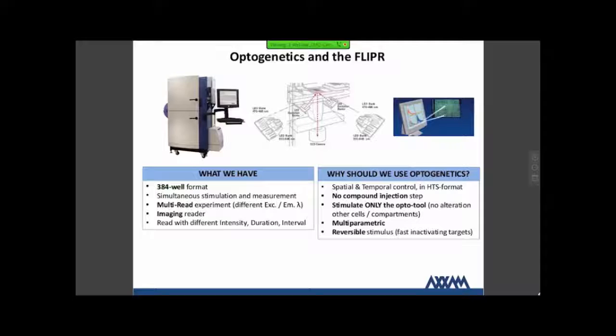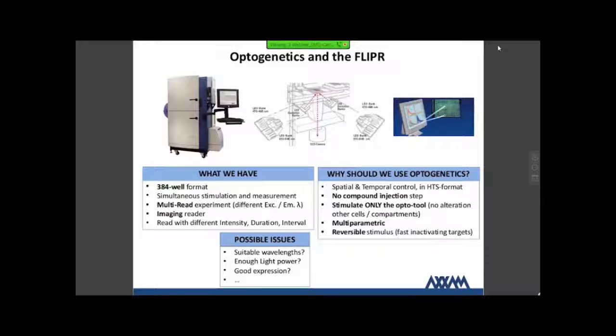So it would be useful to apply the advantages of optogenetic technology because you could achieve, for example, the stimulation only of your optical tool without altering other cells or compartments. With the FLIPR, you have the possibility to run multiparametric experiments, but it's very important that by using light, you can deliver very fast and reversible stimulus. So, of course, there are a lot of questions about that.